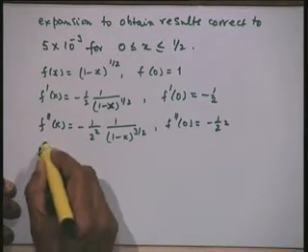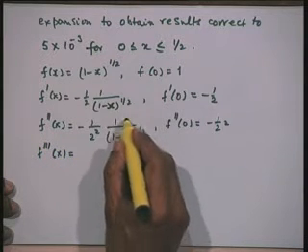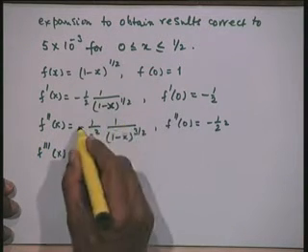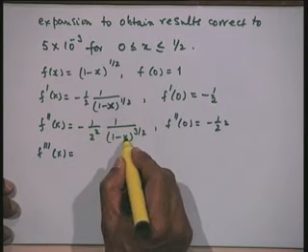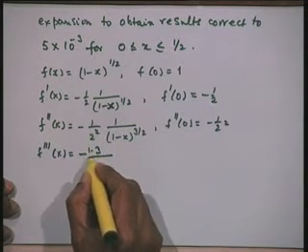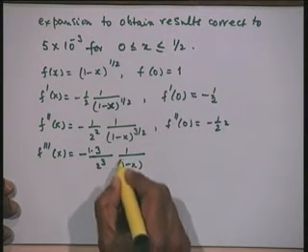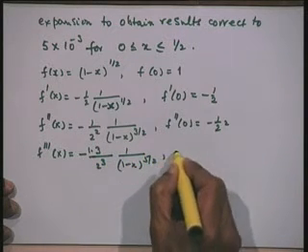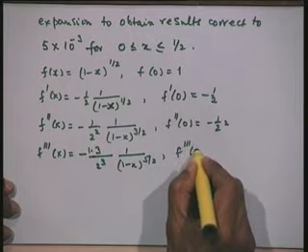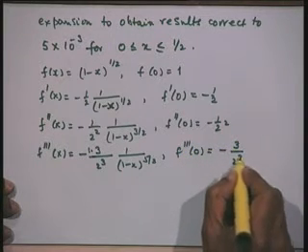Now, let us write down one more derivative and then write down the series. Differentiating with the factor 3 by 2 and a negative sign, we get 1 into 3 by 2 cubed into 1 upon 1 minus x to the power of 5 by 2. So f triple prime at 0 is equal to minus 3 by 2 cubed.